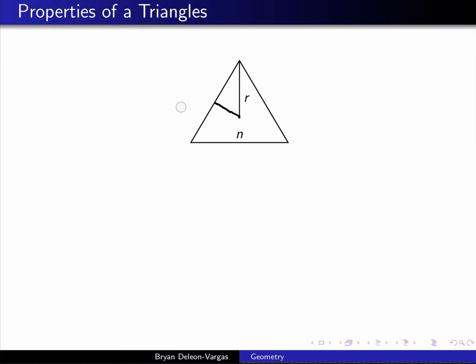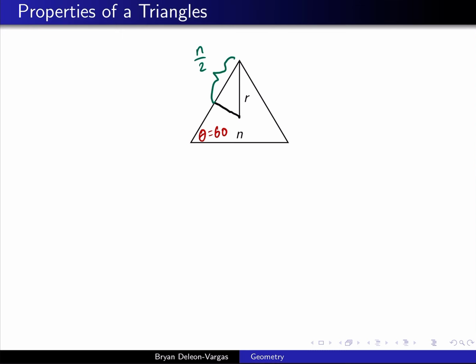We know that the sides are all of length n, and then if we bisect it, that's just half. So I'm going to go ahead and go here, and we know that this length over here is n over 2. Now we recently also just said that these angles, I'm going to call them theta, they are equal to 60 degrees.